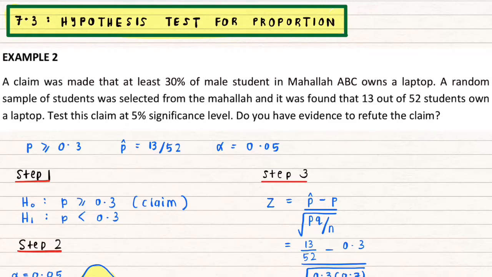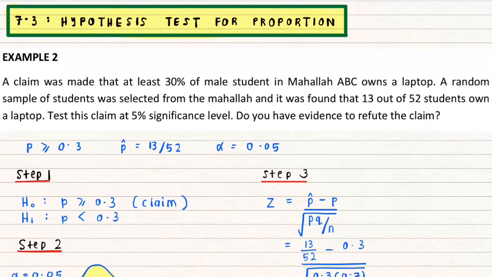Okay, how to recognize whether you are dealing with hypothesis testing for proportion? Look at the question. You have a percentage given, and percentage always refers to the proportion. Recall that in the previous subtopic, you were dealing with hypothesis testing for mean, when your sigma is known or unknown.